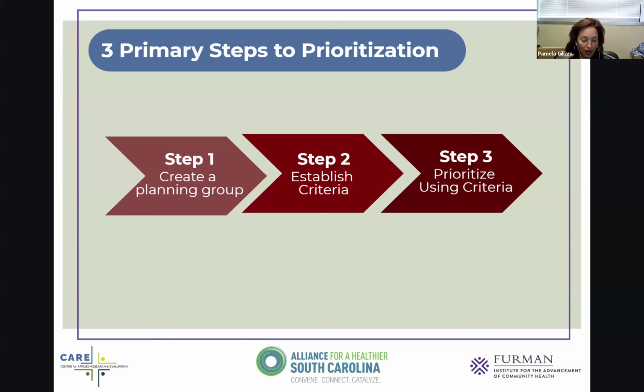When you get together, everyone needs to be on the same page around the criteria. If you're working in a coalition, you could review the criteria at a previous meeting before the day of the prioritization process. The planning group will decide what prioritization method you want to use, but then you have to actually implement it and implement it well.